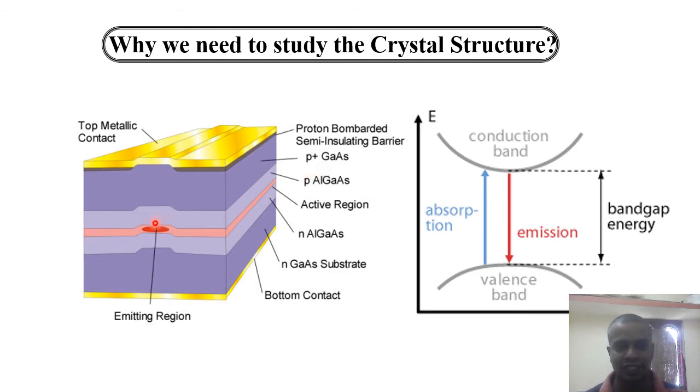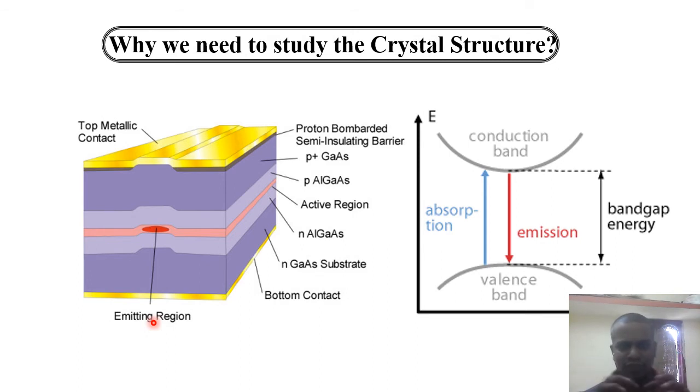If you look at this diagram, the red dot will emit the light. So the direct band gap semiconducting material, a crystal material, is what we are using to generate light in laser sources. Even for LEDs we are using semiconducting materials. They are crystal structures, simply crystal structures, that's all.